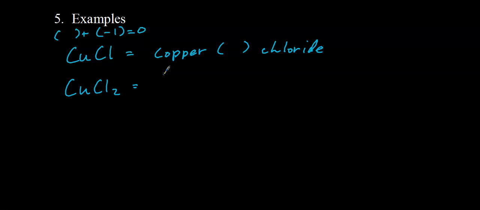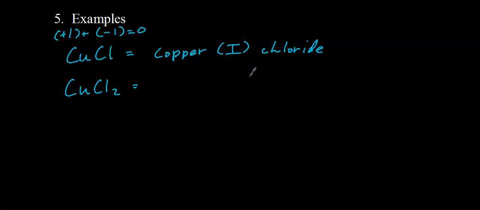What makes that equation add up to 0? +1. So that means the charge of copper in this compound is +1. How do we show that in the name? We're going to use a Roman numeral. So we write copper Roman numeral 1 chloride. We name it as copper 1 chloride. So Cu plus 1 has a name called copper 1.